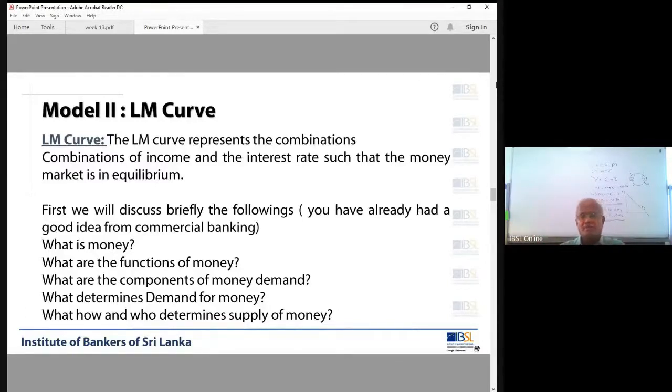If the central bank reduces the reserve ratio, banks need not keep as much money out of their deposit liabilities. So they have excess liquidity, and they can lend that money to investors. By lending to investors, investment increases and GDP increases.